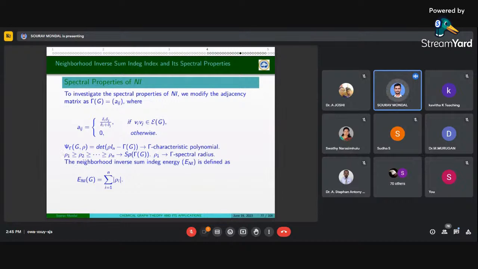Here ρ1, ρ2, ..., ρn, this collection is considered as the Γ spectrum. In accordance with the general concepts by which the original graph energy idea is adapted to different graph theoretical matrices, the neighborhood inverse sum index energy, that is ENI, is also defined as the summation of |ρ_i|.